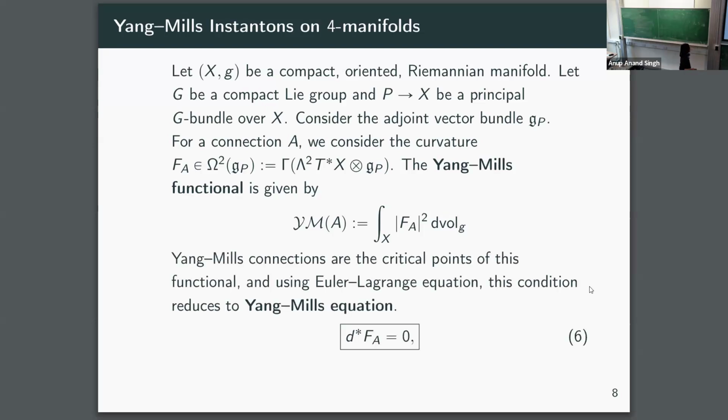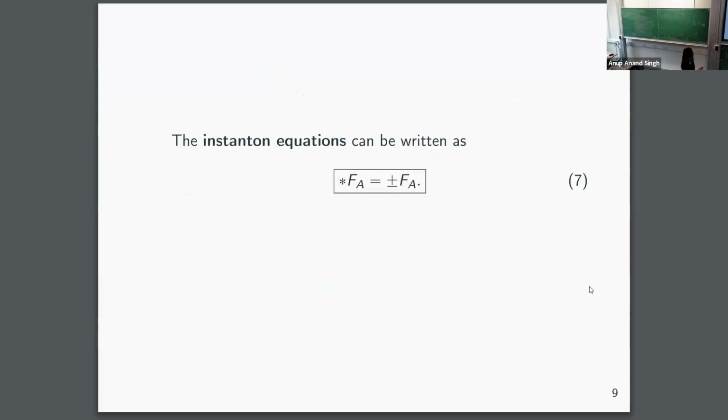As I mentioned, Yang-Mills connections are the critical points of this functional, and you use the Euler-Lagrange equation to find these critical points, and you will precisely get this condition, which we know to be the Yang-Mills equation. The codifferential is minus star d star.